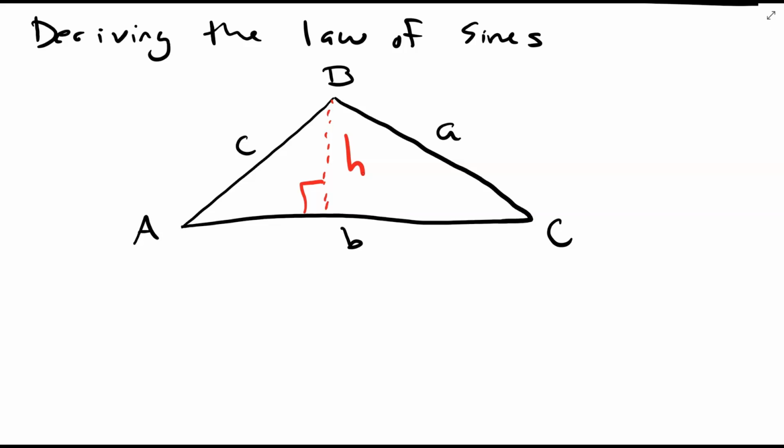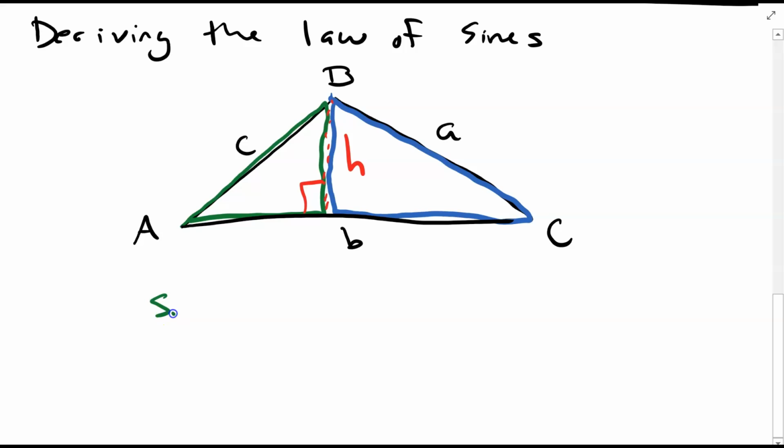So now I have two right triangles, right? I have the triangle here, and then I have a right triangle here. Everybody agree with that? For the green triangle, I can say that sine A is going to equal opposite over hypotenuse.